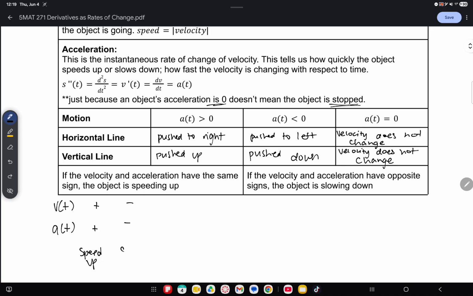If it's negative and negative, I was almost going to say speeding down, but that would be called slowing down. But if they have opposite signs, so one's negative, one's positive, oh my gosh, no, that's incorrect. The same sign, they're still speeding up. It's opposite signs that they're slowing down. And I literally just said that too, which is crazy.